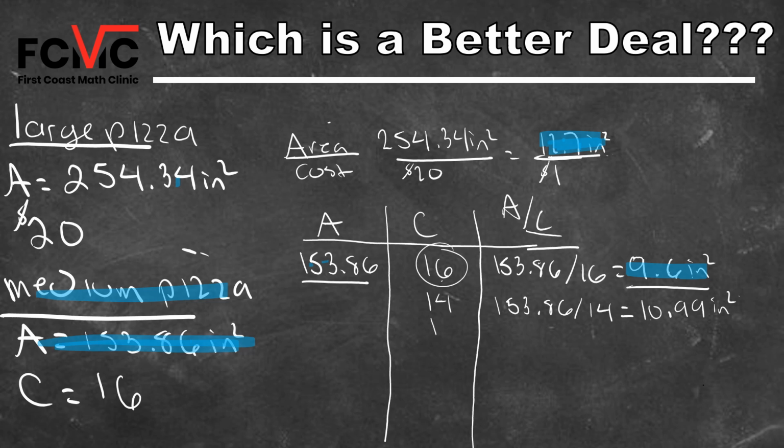And let's drop this a little bit more. So let's do like 13. 153.86 divided by 13. Here we get 11.8 inches squared. We drop to 12.